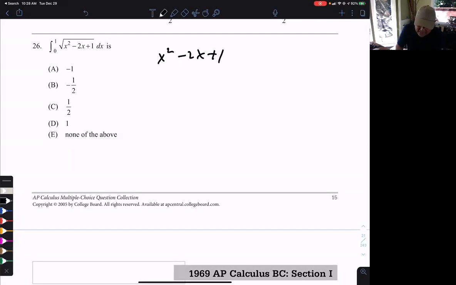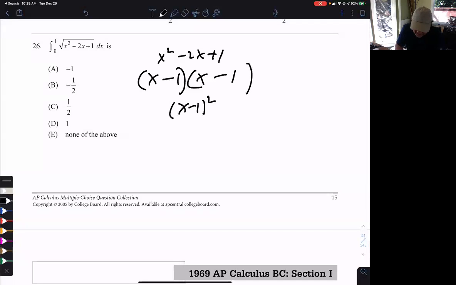Then you recognize this is factorable. And it's actually a perfect square trinomial. It factors to that. Then you're extremely happy because this is x minus 1 squared. And when you put it back into the original question, the square and the square root cancel, right?